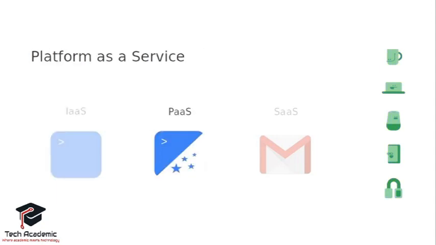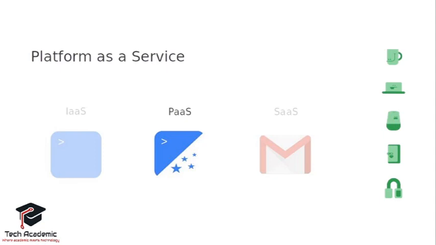Next is platform as a service. Platform as a service involves a cloud supplier only offering a specific platform that users can build applications on. Basically, it is an abstraction above IaaS, meaning the cloud vendor will handle all the details of CPU types, memory, RAM, storage, networking, and many more.